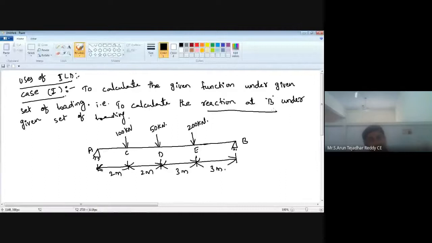So don't take any equation of equilibrium. If you take, we'll get the same value only. But what is the difference between the equation of equilibrium and ILD? It should have some difference, no? This is one of the advanced topics. Now, how to calculate the reaction at B with this advanced topic, I'll explain now.